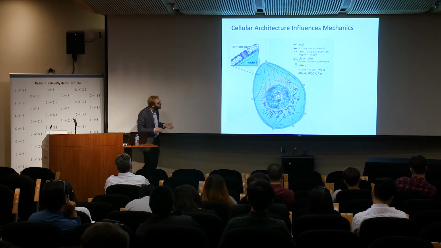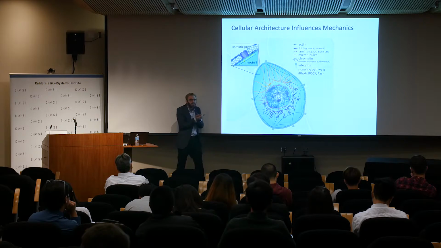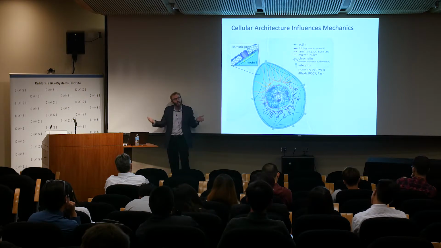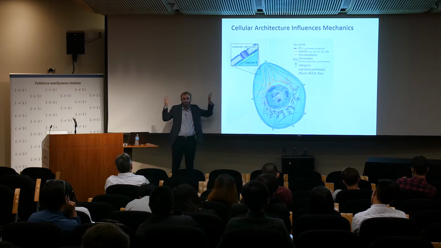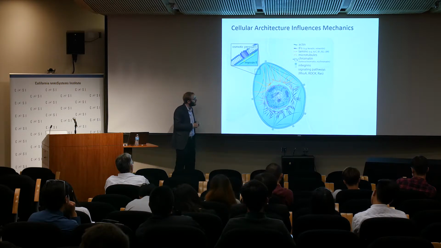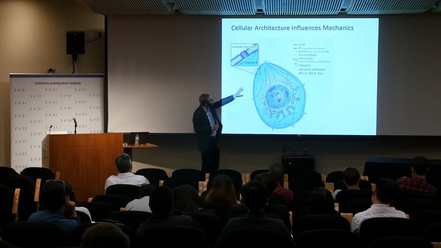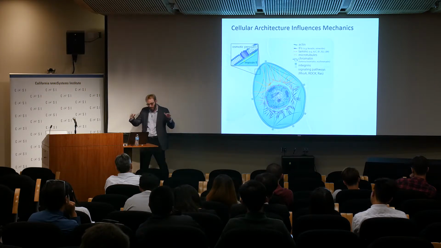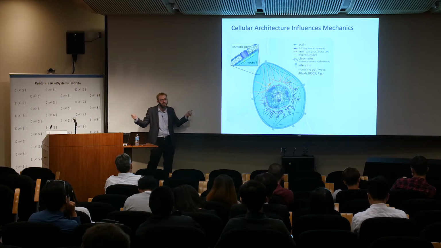And this is important because cells actually have lots of internal structure that's important for how they interact with their environment, and for example, how cancer cells interact with their environment. What I'm showing here is a complex structural distribution of proteins within the cell.